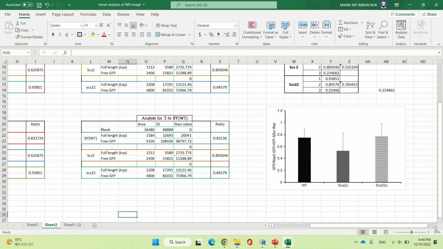For multiple comparison, I recommend the Tukey, the Tukey HSD. Tukey HSD means, what was it, Tukey. I forgot what HSD means, but Tukey.